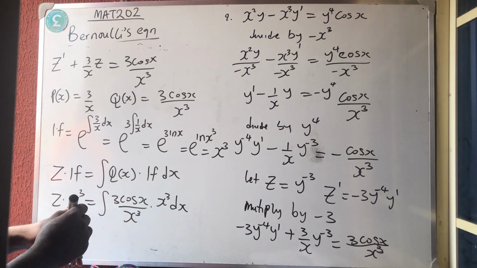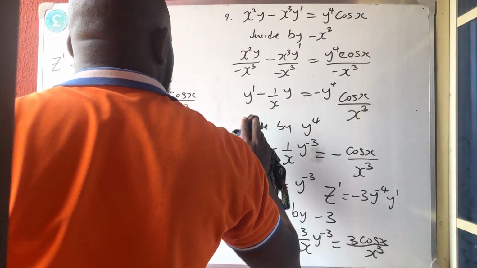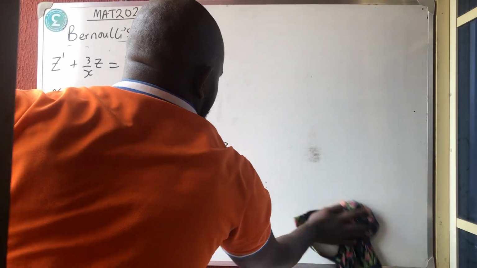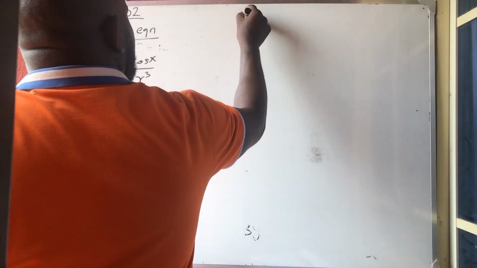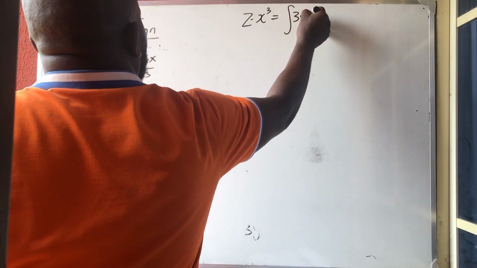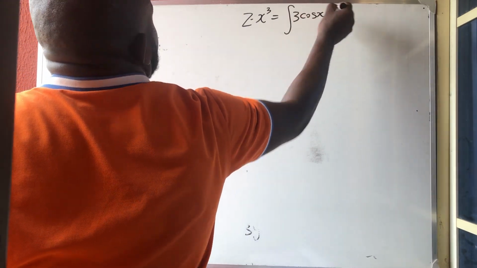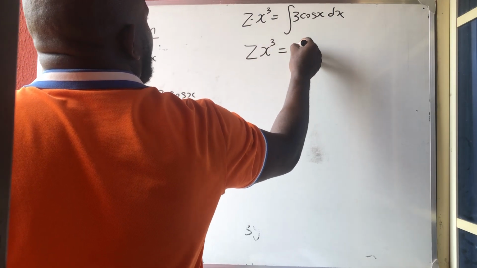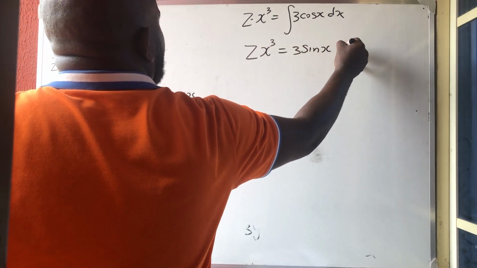So I'm left with z x raised to power 3 is equal to the integral of 3 cos x dx, which is 3 sine x plus a constant.